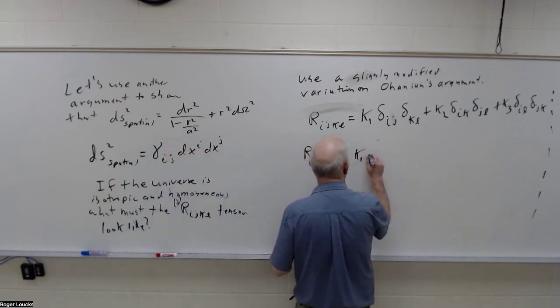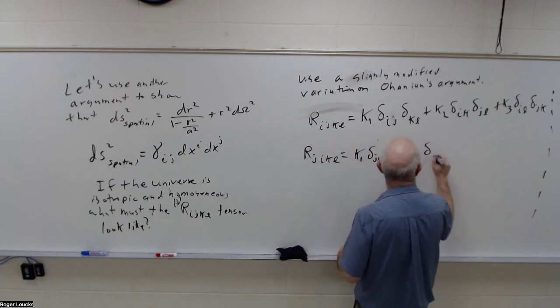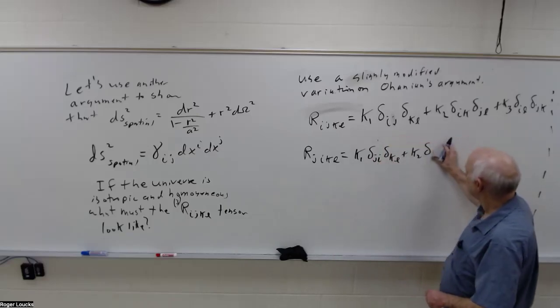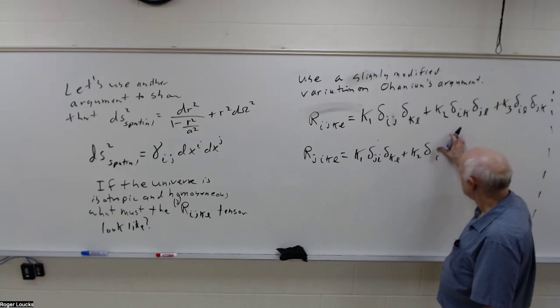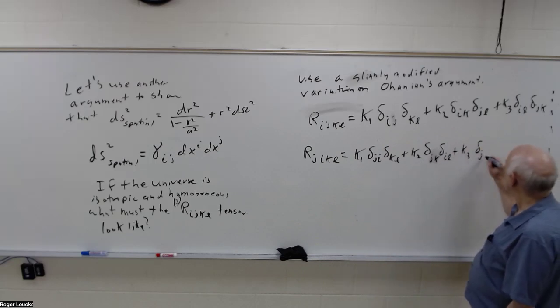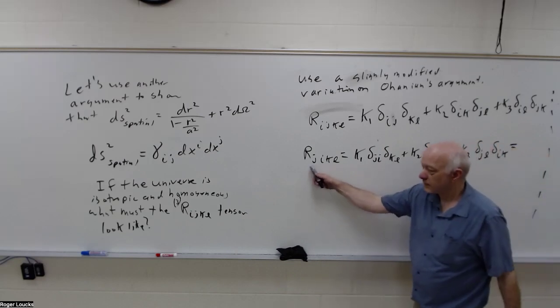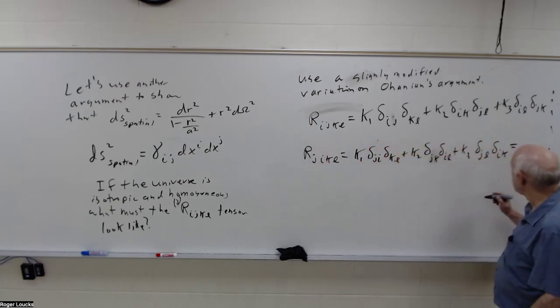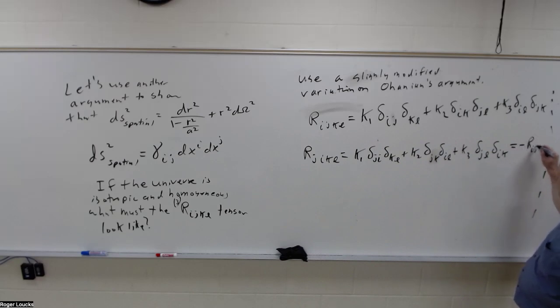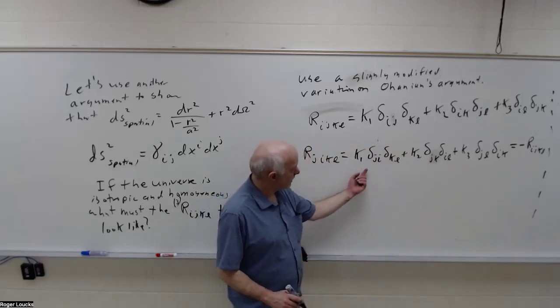So this would become K1 δ_jl δ_ki plus K2 δ_jk δ_il plus K3 δ_jl δ_ik. What else is this set equal to if I switch these two? The negative of the first one. So this has to be minus R_ijkl. So if we do that, what does it mean here? Well, this guy matches up with what one?